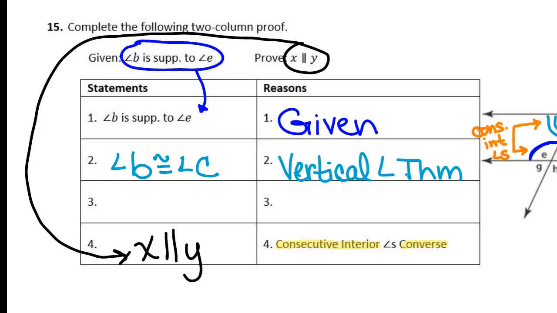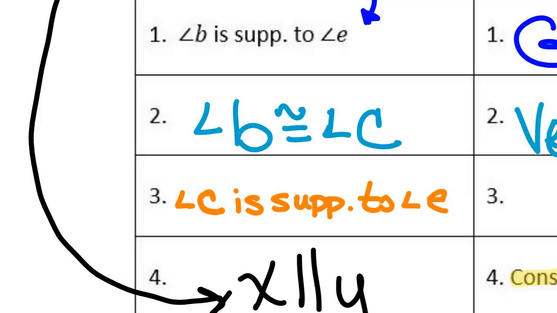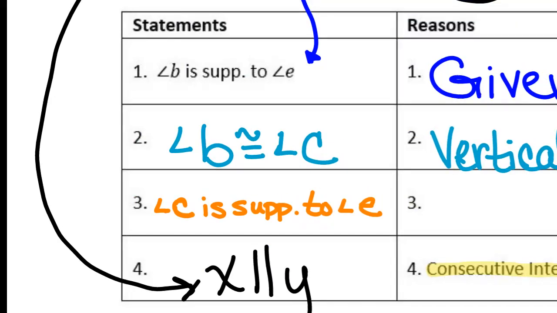I know that B is supplementary to E. If C is the same size as B, then what could I say down here? Yes, I can say angle C is supplementary to angle E. C right here is taking the place of B.